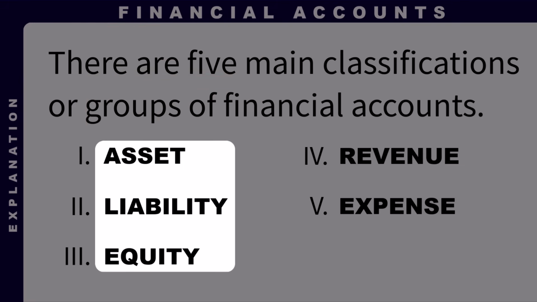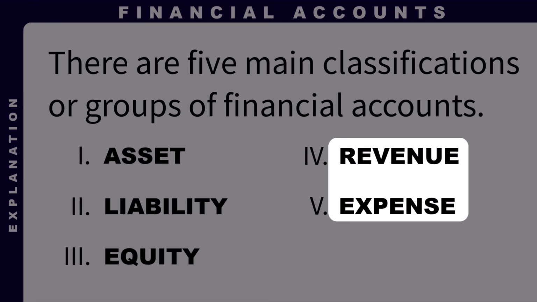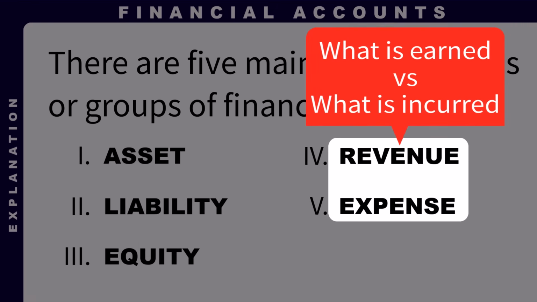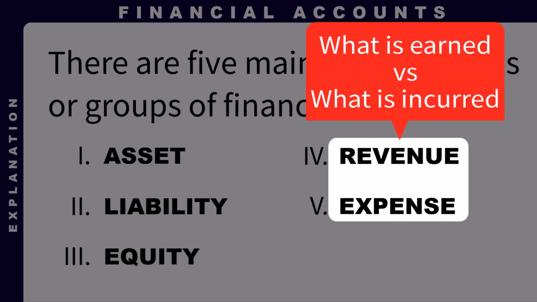Whereas the accounts you see on the right here, revenue and expense, represent what is earned versus what is incurred during a certain period. In other words, these ones answer the question, how much does an entity make as income and how much does it pay for expenses over a certain period, such as a month, a year, and so on.